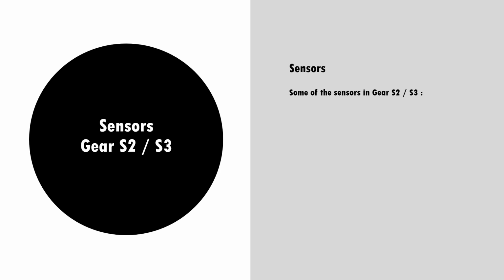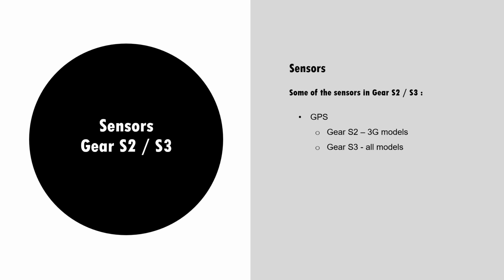So I would like to mention some of the sensors that are available in Gear S2 and Gear S3. We have a GPS chip in all the models of Gear S3. Gear S2 has two versions, the Bluetooth version and the 3G version. The Bluetooth version does not have a GPS chip, but all 3G models have a GPS chip in it. But still, developers will be able to use the location APIs irrespective of the model of Gear S2, because the platform handles where it gets the location information from.